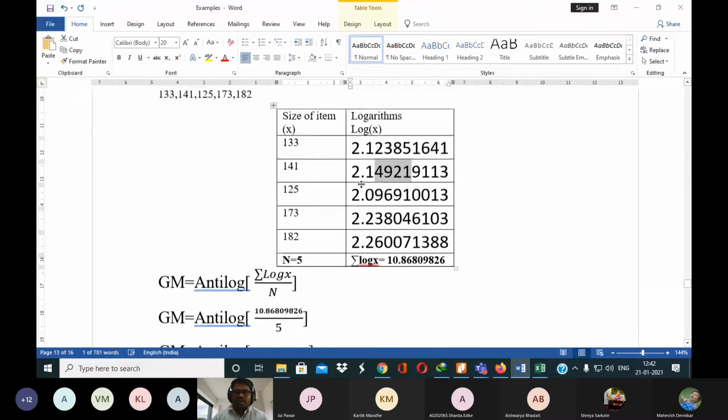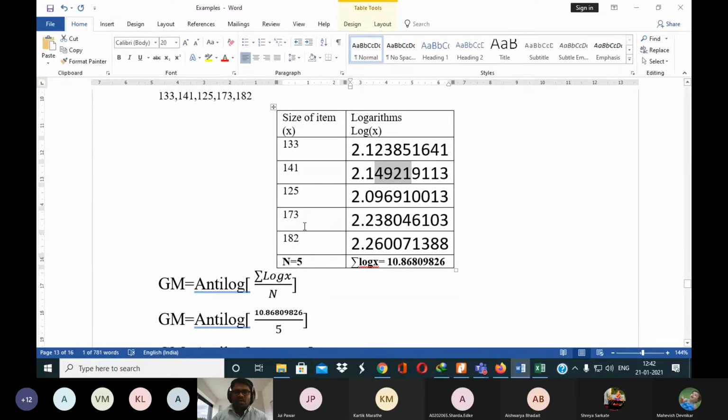Likewise we find out the log value of each and every item present in your data set, and it is written here. We have taken too many digits after the decimal point, but while calculating in the examination you should consider only four digits after the decimal point.